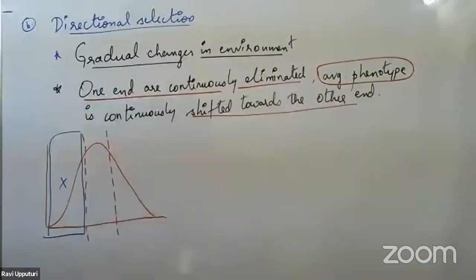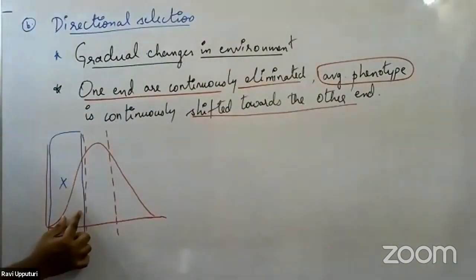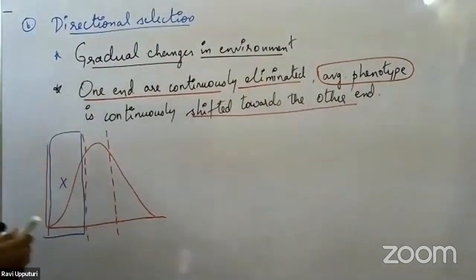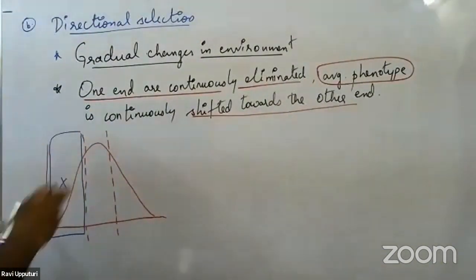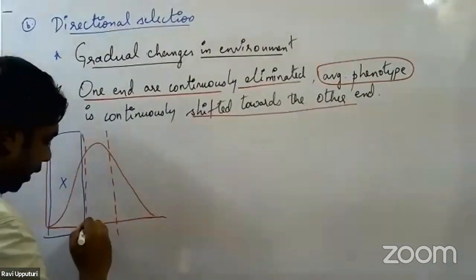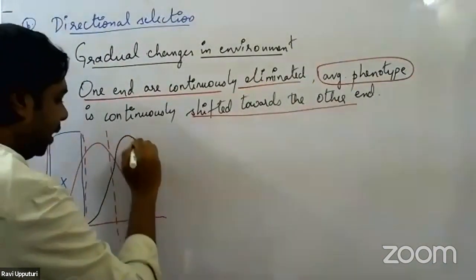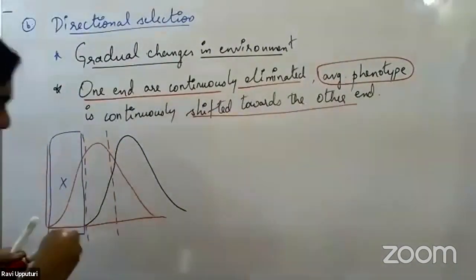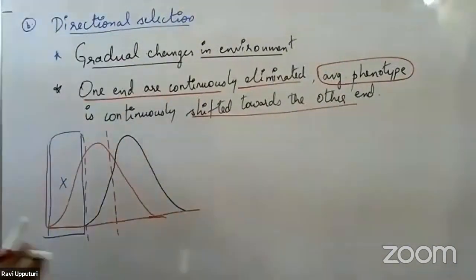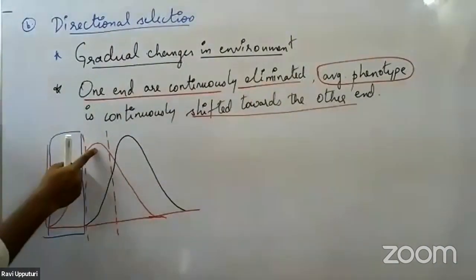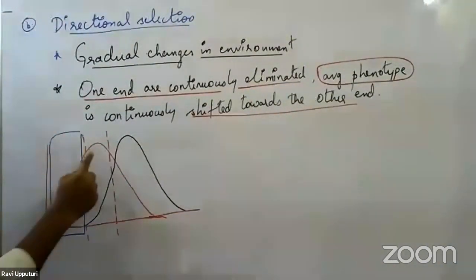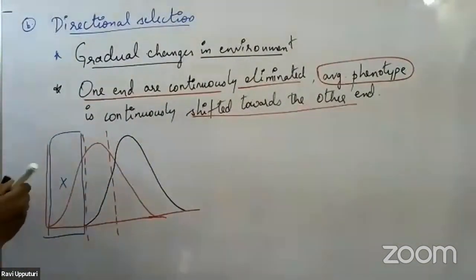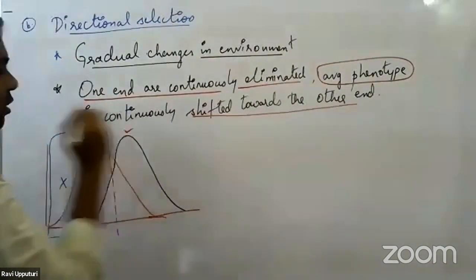Once the individuals present in this area are eliminated, what is happening to the peak value is that it would now begin from this place and come here like this. Getting it? Initially the peak was here, but now the peak has been shifted to this particular place. So why is the peak shifting from this place to this place?